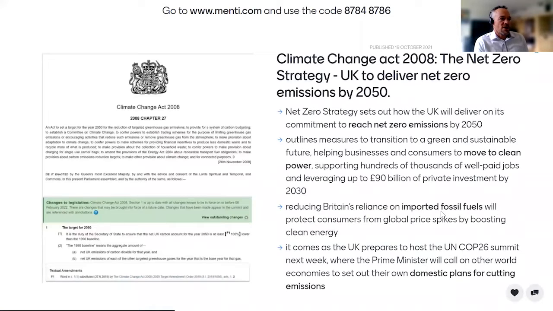So then we've got the Climate Change Act, and I'm sure everybody knows the Climate Change Act very well. Now sort of morphing into terms like net zero. So in 2019, we set the target for net zero by 2050.